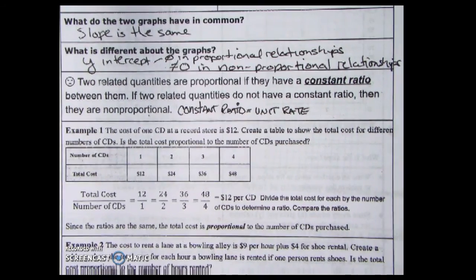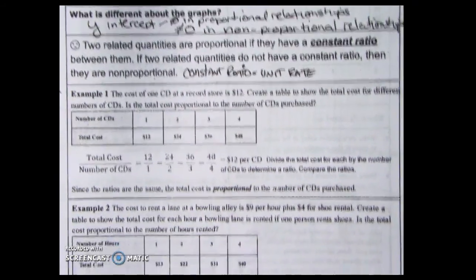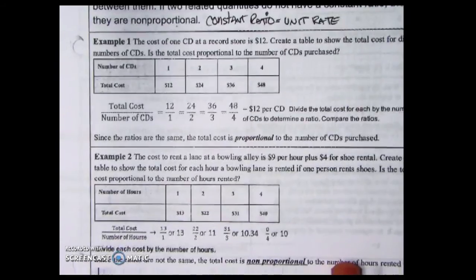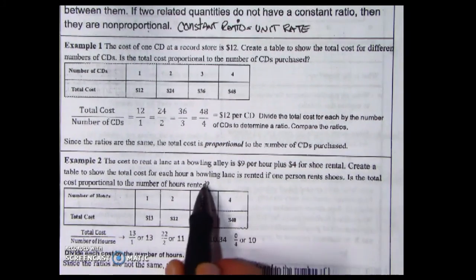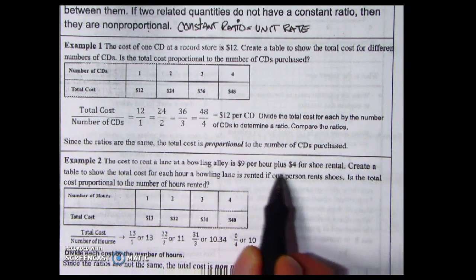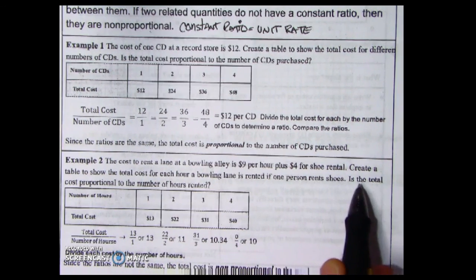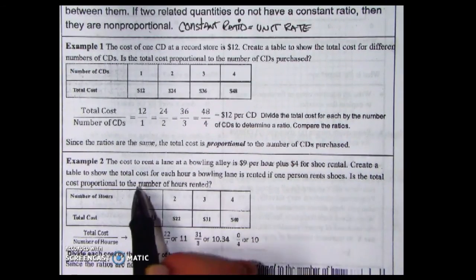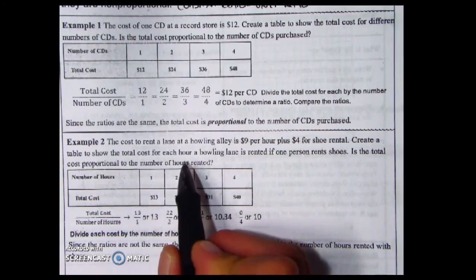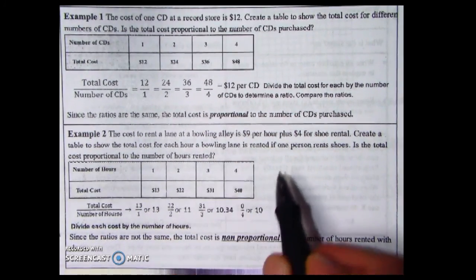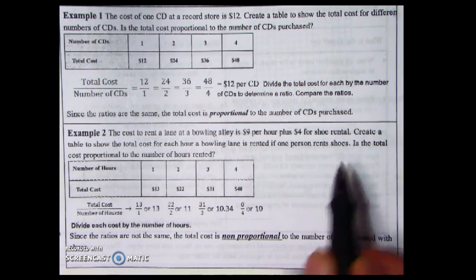Okay? All right, let's look at the next situation, example 2. The cost to rent a lane at a bowling alley is $9 per hour plus $4 for shoe rental. Create a table to show the total cost for each hour a bowling lane is rented if one person rents shoes.